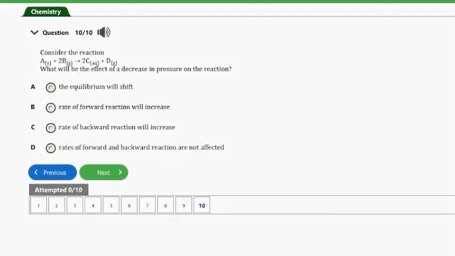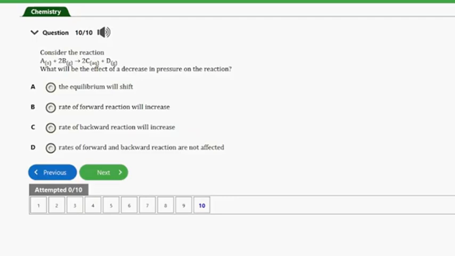That's question number 10. We have here an equation of a reaction, and then the question says, consider the reaction A as solid, 2B as gas, reacting to produce 2C as aqueous solution and D as gas. What will be the effect of a decrease in pressure on the reaction?